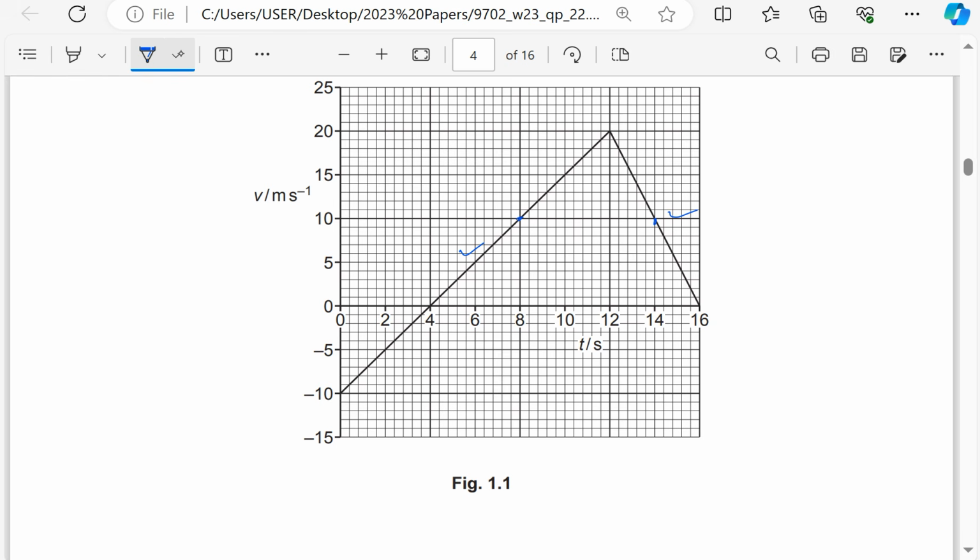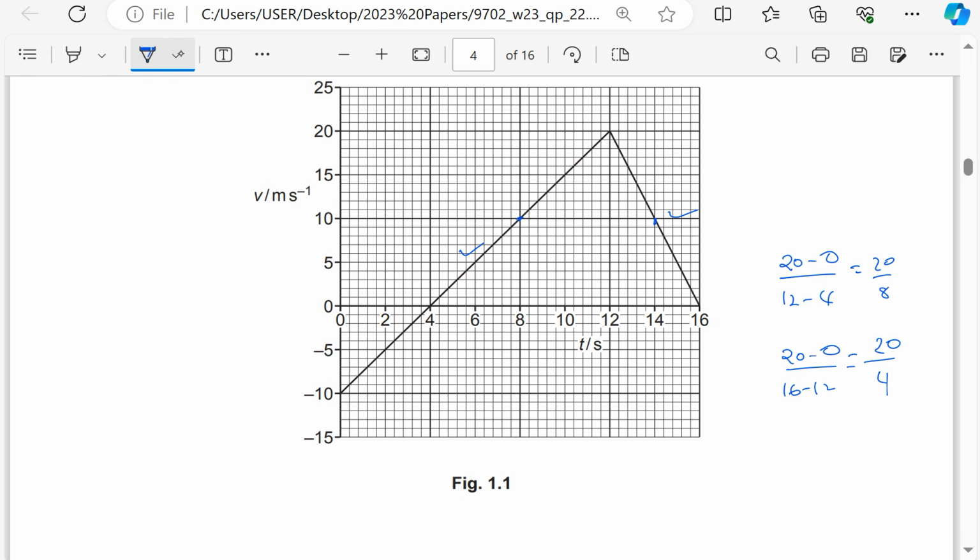The gradient of this line would be 20 minus 0 divided by 12 minus 4, so that is 20 divided by 8. The gradient of the other line is going to be 20 minus 0 divided by 16 minus 12, that is 20 divided by 4. So you notice that the gradient of the second line is bigger than the gradient of the first line.